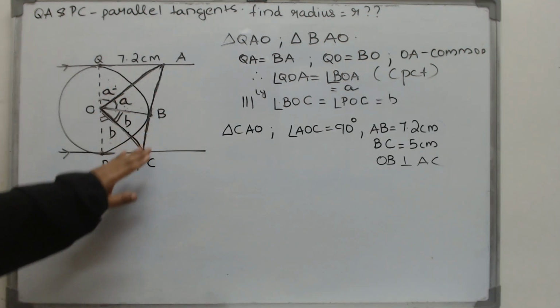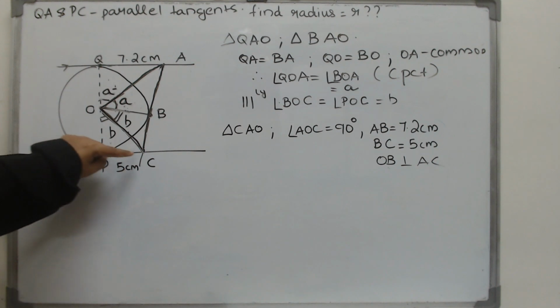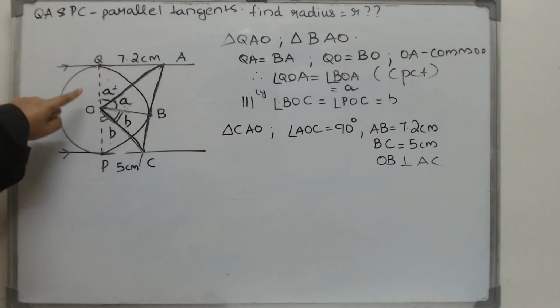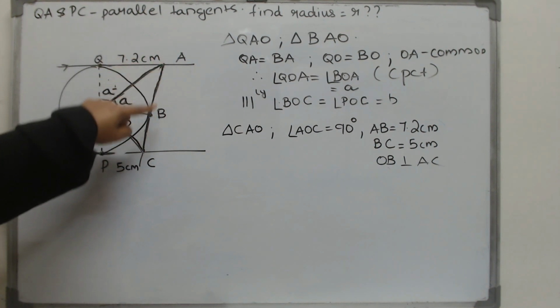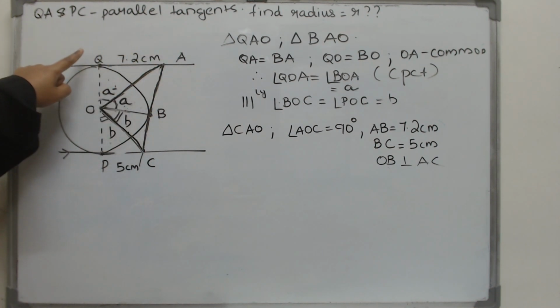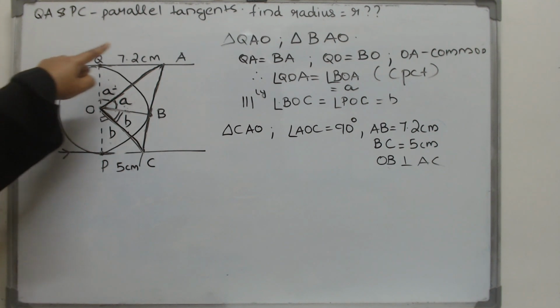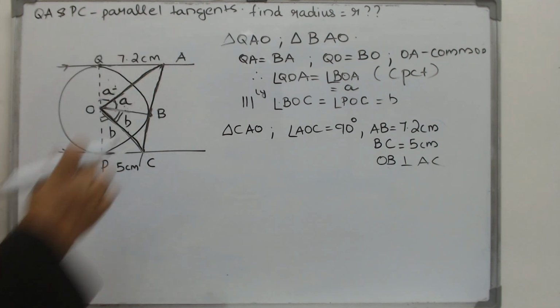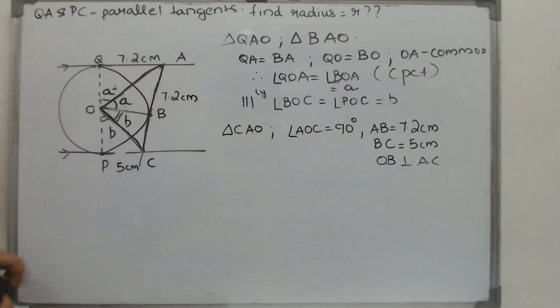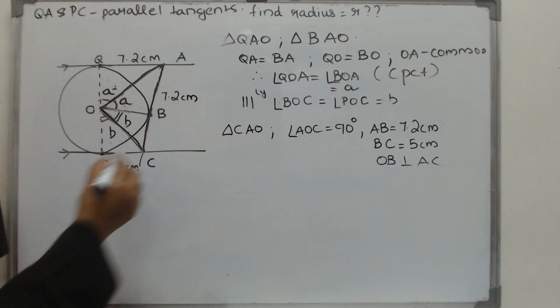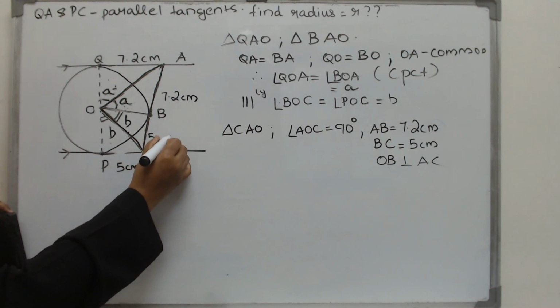Now let us forget about everything and concentrate just on CAO. What do we know about AB? Both AB and AQ are tangents to the circle from the same point A, which means AB is 7.2 centimeters. Similarly, what is CB? CB here will be 5 centimeters.